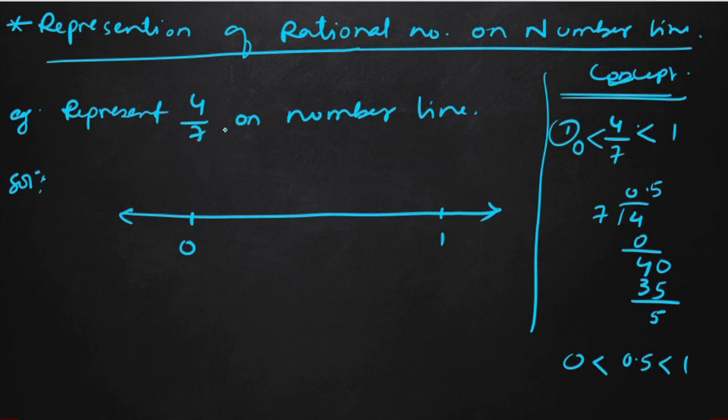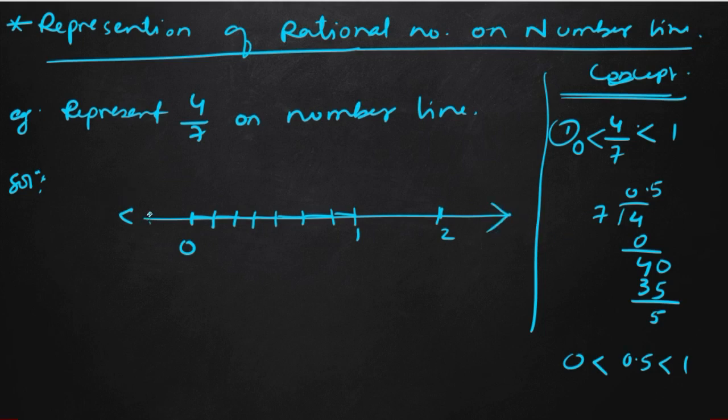So we have to divide into 7 parts: 1, 2, 3, 4, 5, 6, 7. Let this be our 1, then let this be 2, and likewise.